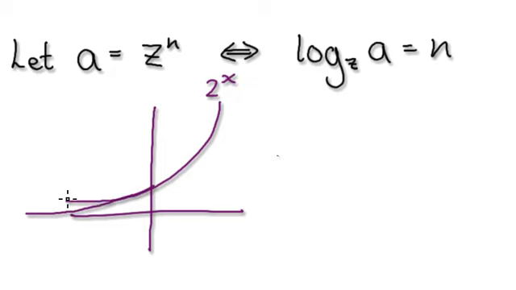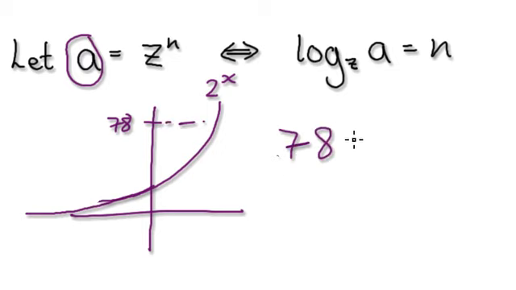If you look at this graph here, if you give me any number a, let's just say 78, I can rewrite 78 as 2 to the power of something, because it will exist. There will be that something here.